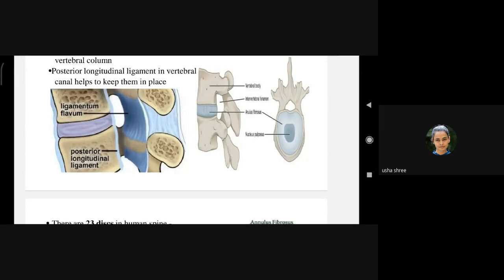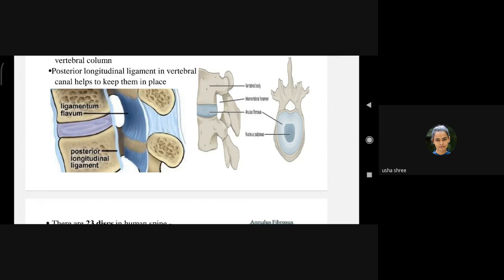So this posterior longitudinal ligament is a fibrocartilaginous ligament too, and it helps to keep the vertebrae in their place only, not to dislocate them from their place.